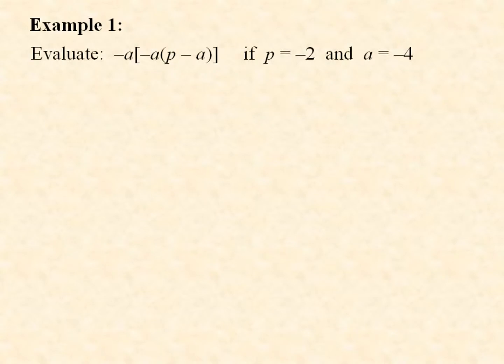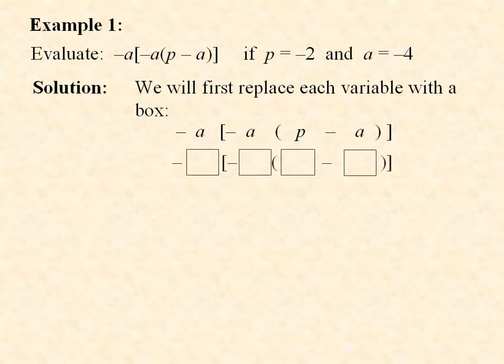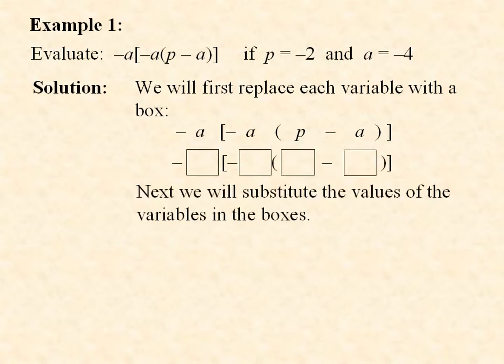Evaluate this rather complicated looking expression if p equals -2 and a equals -4. We will first replace each variable with a box. Next, we will substitute the values of the variables in the boxes.